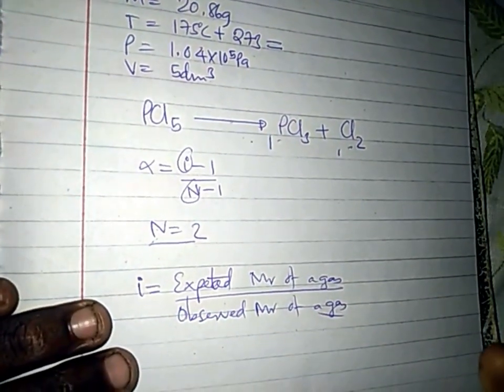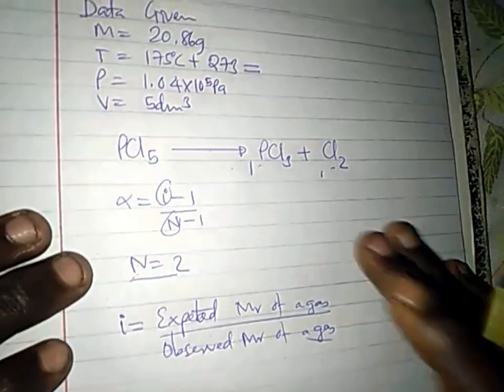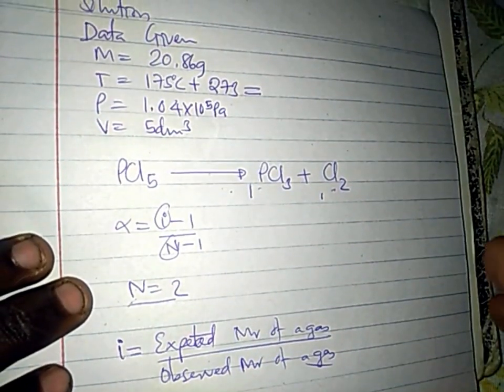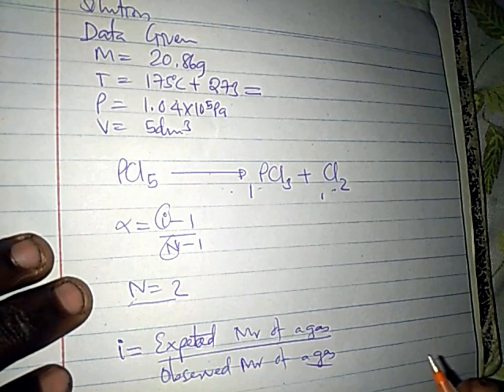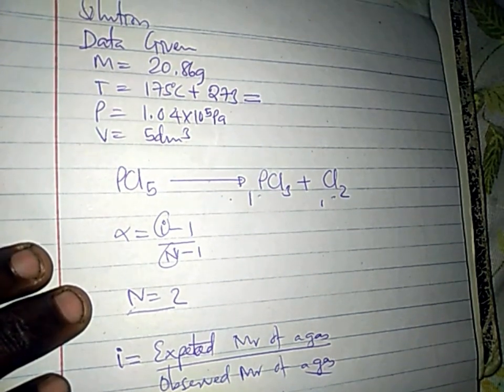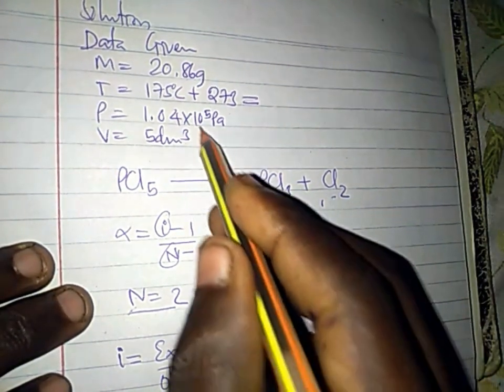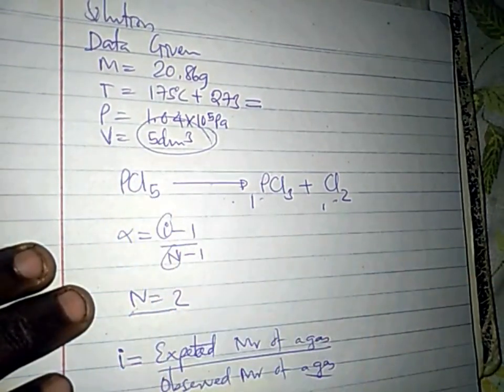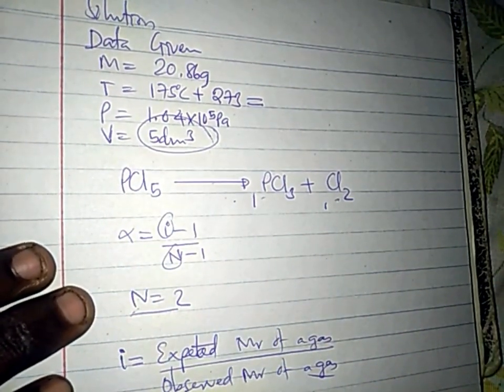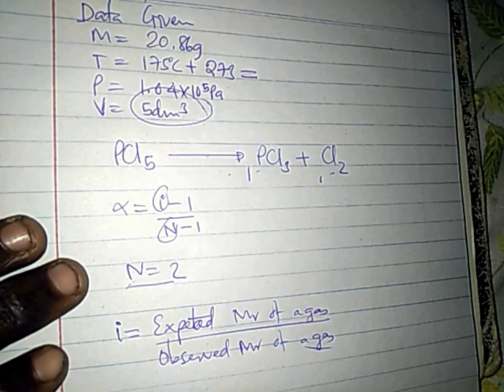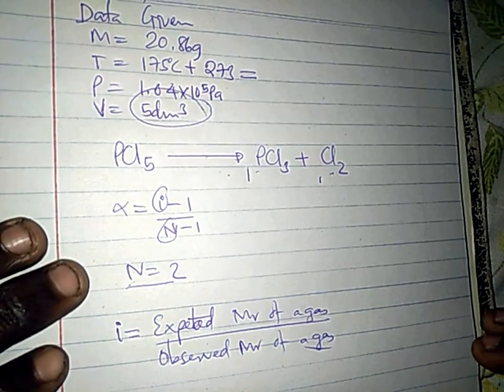I have used this way because we have various ways, but according to our data which have been given, if we were to use the concept of observed volume of gas together with expected volume, what we are given here is the expected volume. Now because we don't have the observed volume, we couldn't use it.